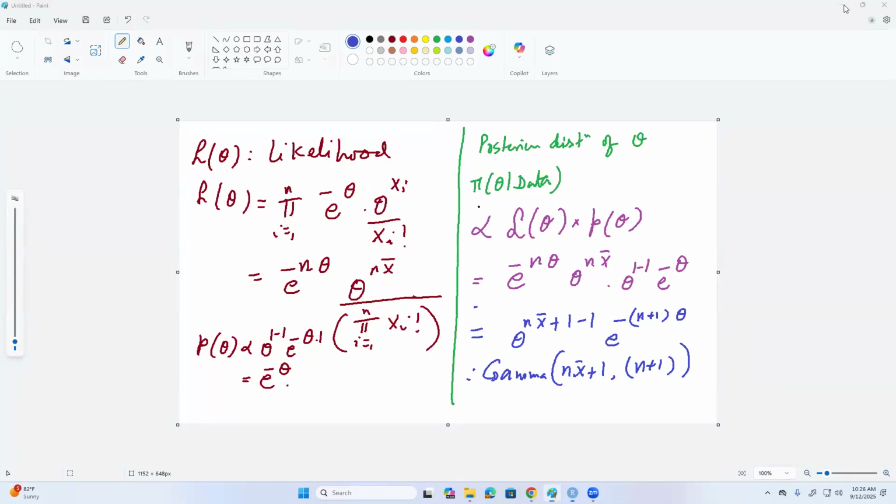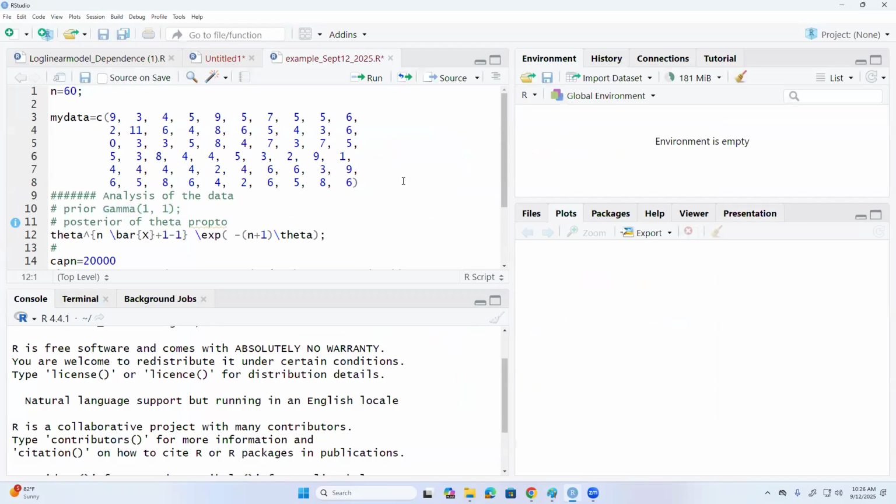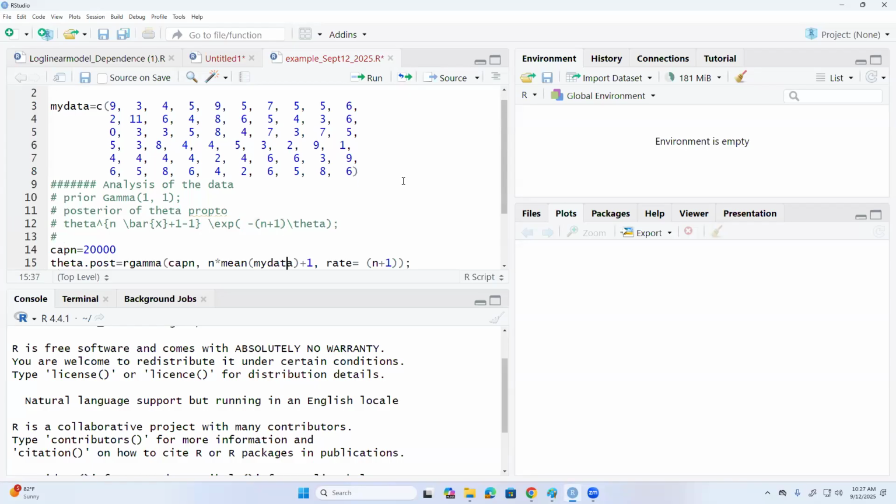So let us look at this. In my code, I have also commented out the theta density with n x bar plus 1 minus 1 and n plus 1. So I want to generate observations from this posterior distribution, and I want to draw many observations.